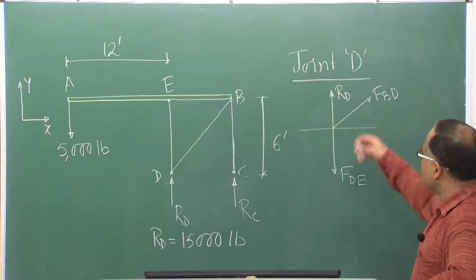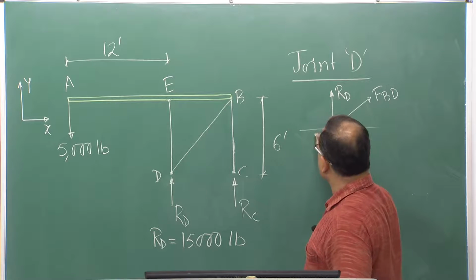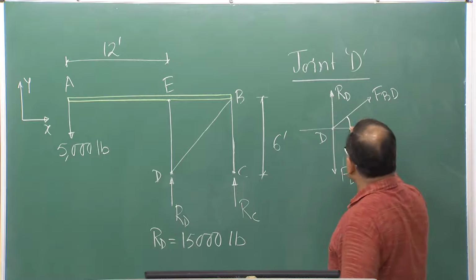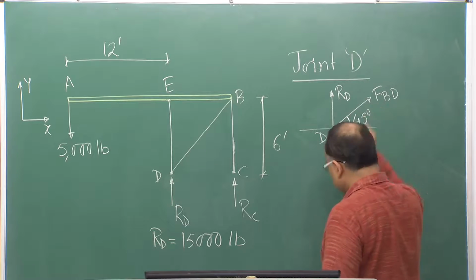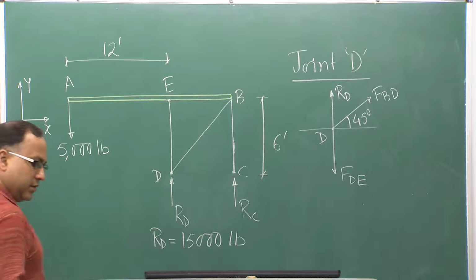These are the forces acting at joint D, and this angle is 45 degrees.